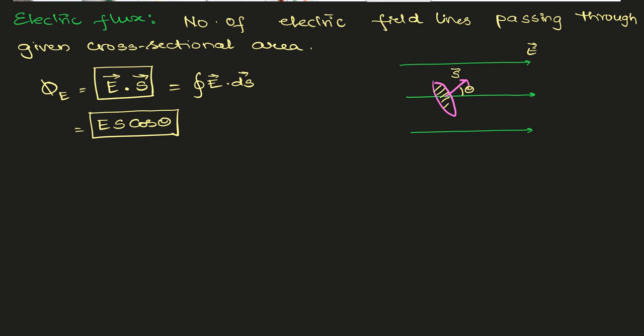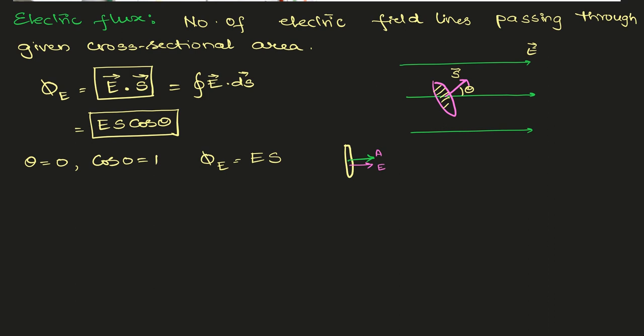If theta is equal to 0, then cos 0 is 1, so the flux will take a positive value, E into S. That means for any surface like this, if this is our area vector and the electric field is also in the same direction, then the angle between area vector and electric field vector is 0.